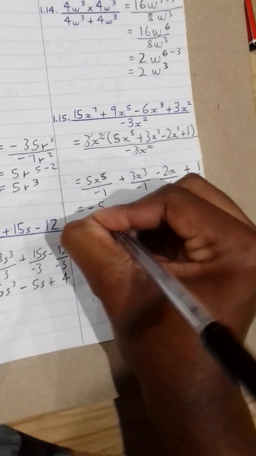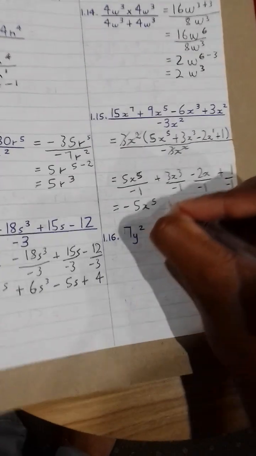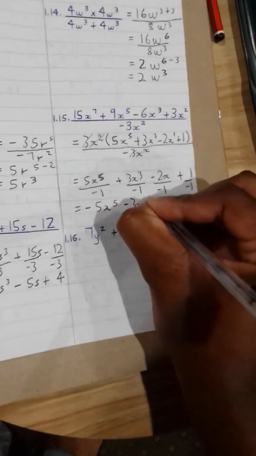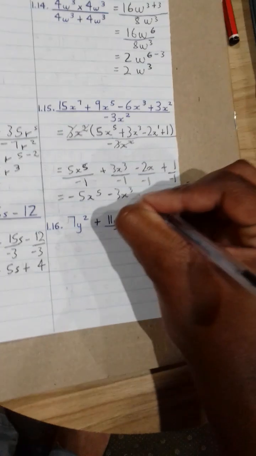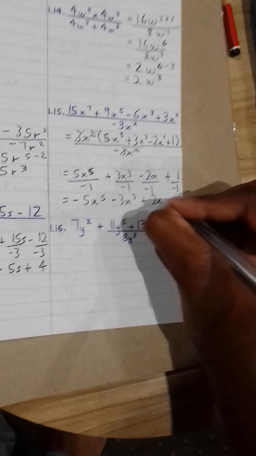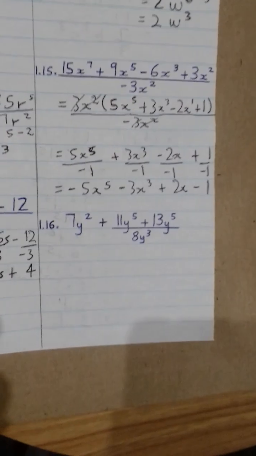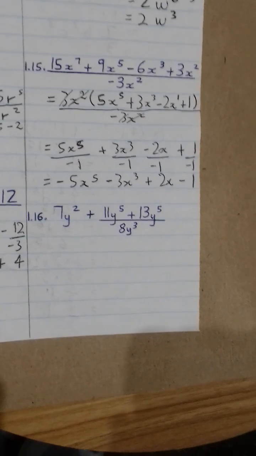So the final answer: positive divided by negative is negative 5x to the power of 5. Positive divided by negative is negative 3x to the power of 3. Negative divided by negative is positive 2x. Positive divided by negative, negative 1. So that's the final answer. I hope it's clear and I hope it makes sense.